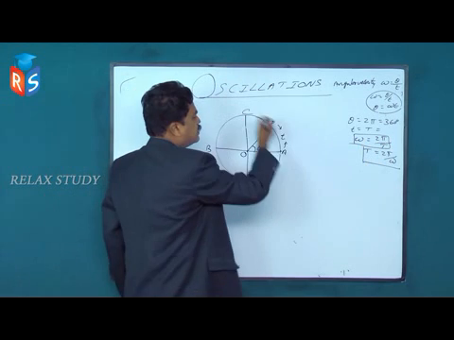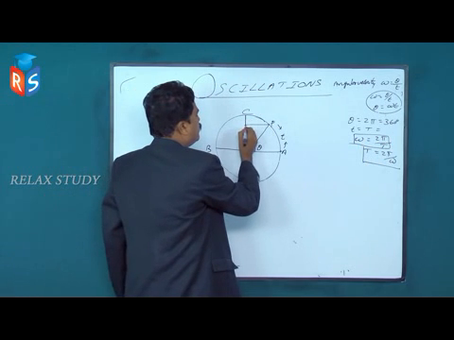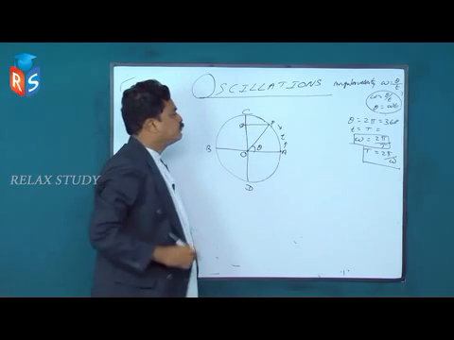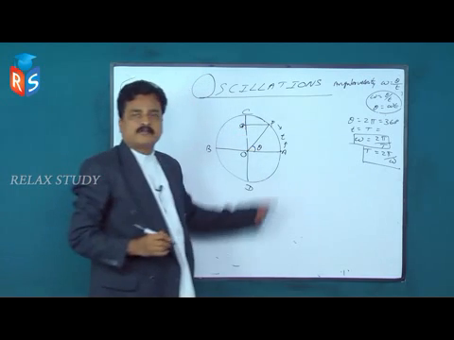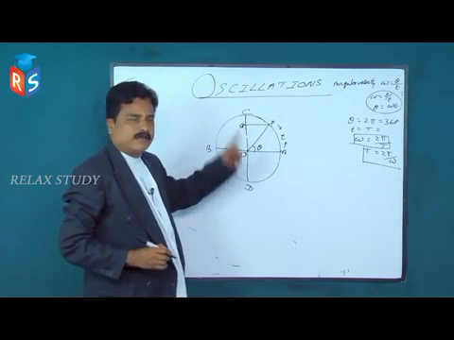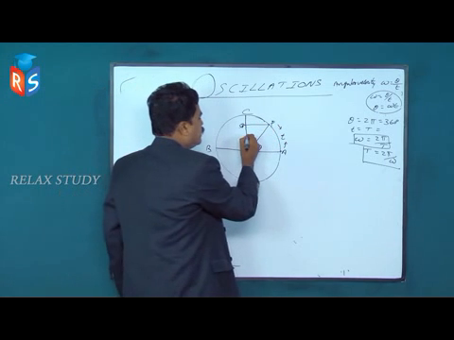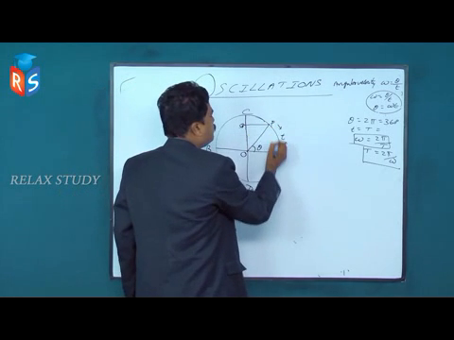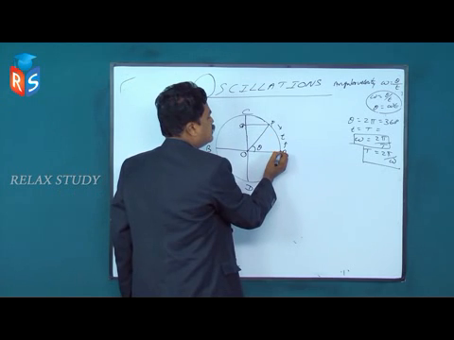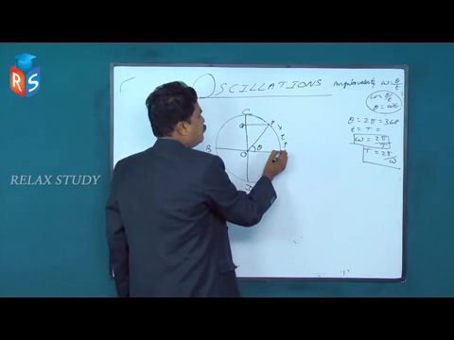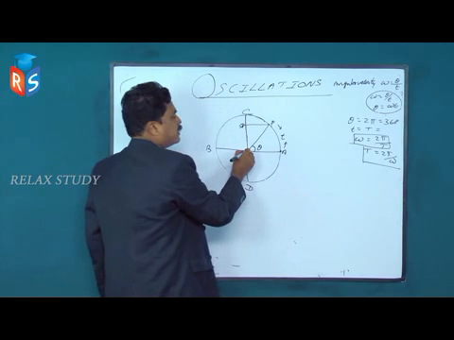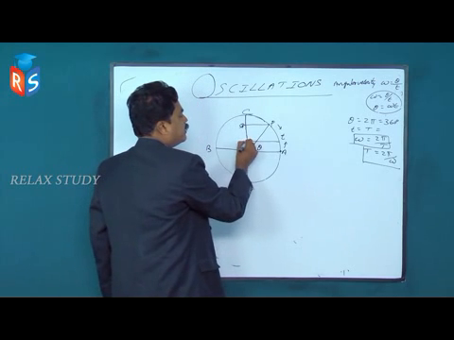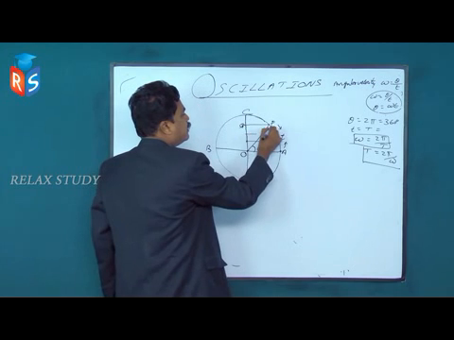Here, the particle is taking this revolution. Q is the foot of the perpendicular from the particle to the diameter. When the particle is at A, Q will be here.